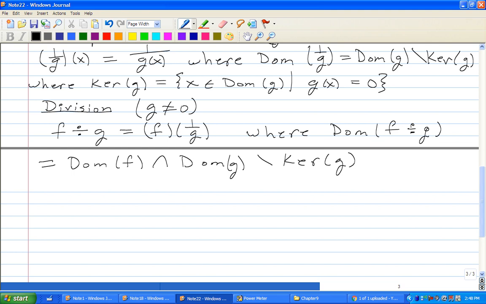So you want x to be defined for f and for g, but you do not want to divide by 0, so you do not want g to be 0 at x.